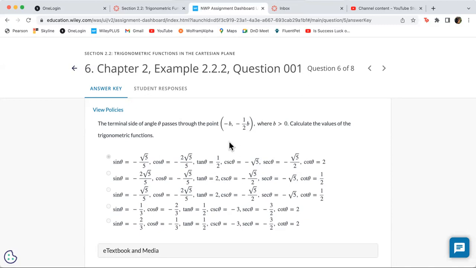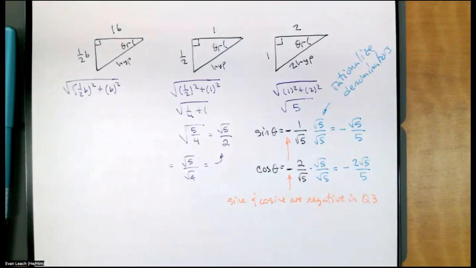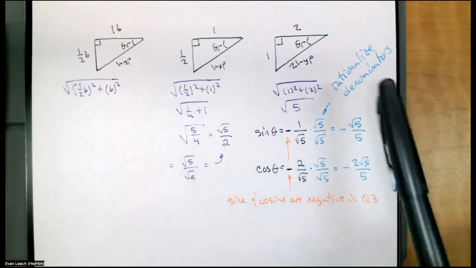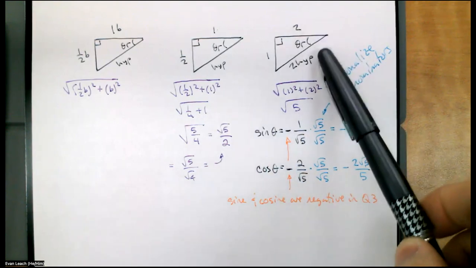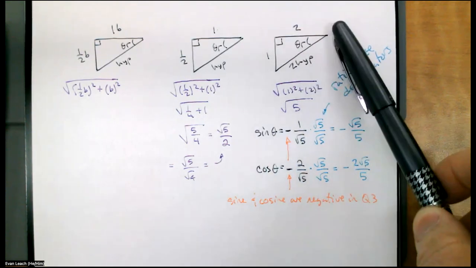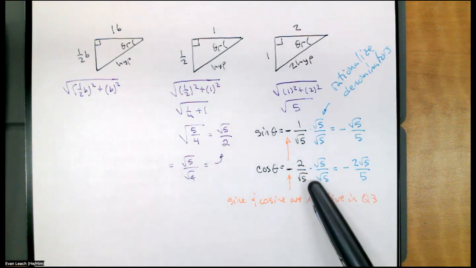Any questions? Yes. So for cosine of theta, we want to do adjacent over hypotenuse. So adjacent is 2 and our hypotenuse is √5.